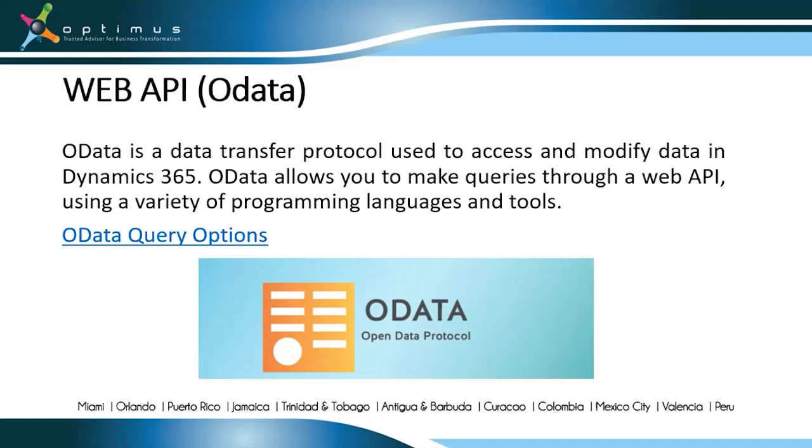Okay, the web API uses the OData protocol, and OData is a data transfer protocol used to access and modify data in Dynamics 365.